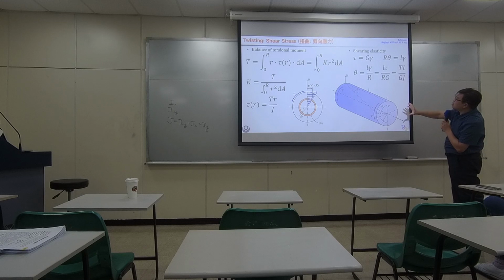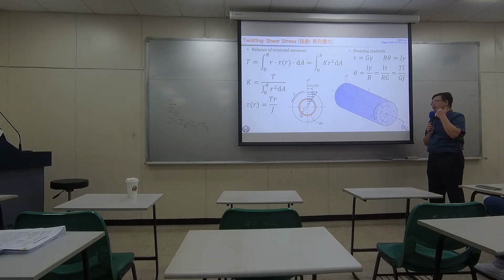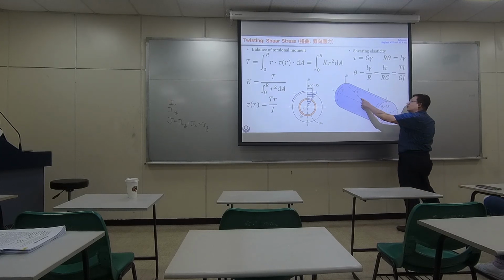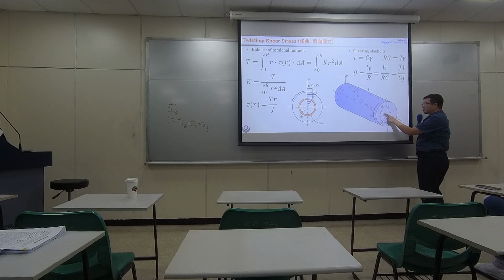So from geometry, usually when we observe twisting, we don't measure this angle. We usually measure this angle. We usually describe the angular deformation to represent how much twist we have.